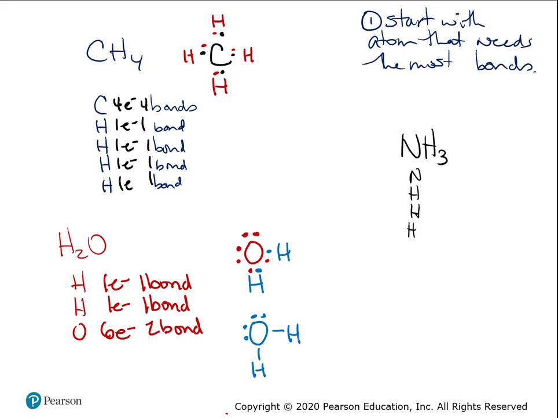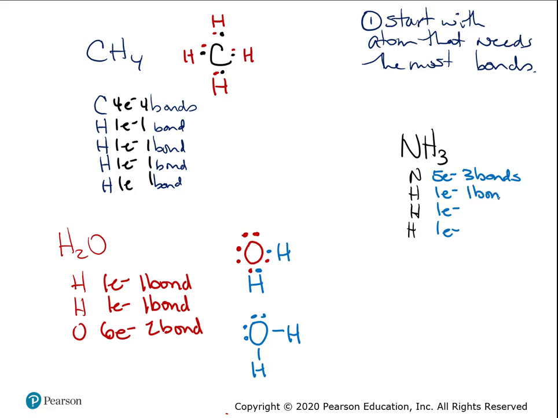NH3. NH3, nitrogen has how many electrons? 5, because it's in group 5. The number in front of the capital A at the top of the column. Hydrogens have 1 each. So that means nitrogen needs how many bonds? 3, because it's got to have 8. So the number of valence electrons plus the number of bonds always are going to equal 8, except for hydrogen.